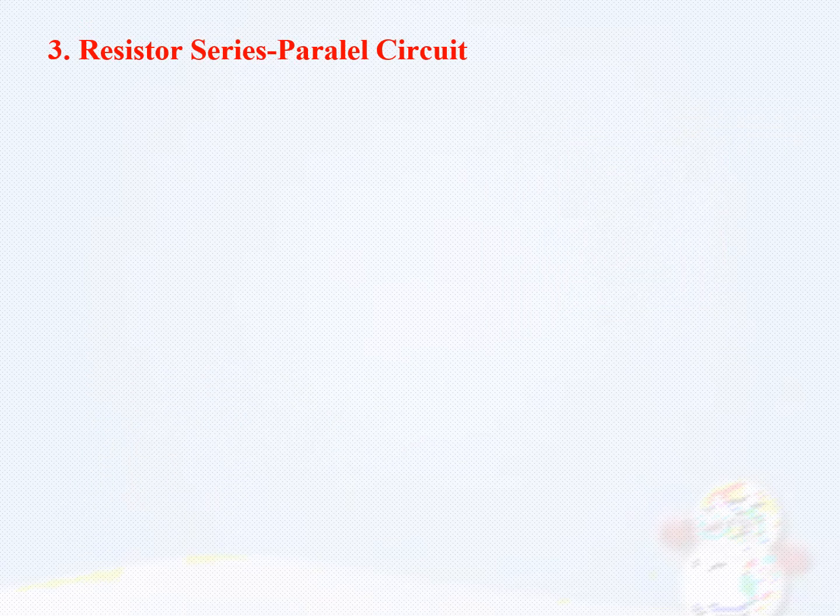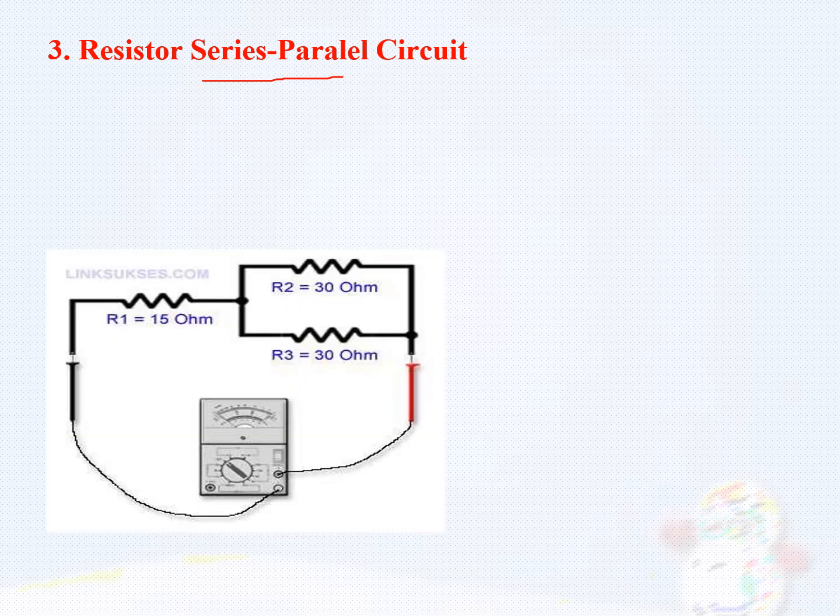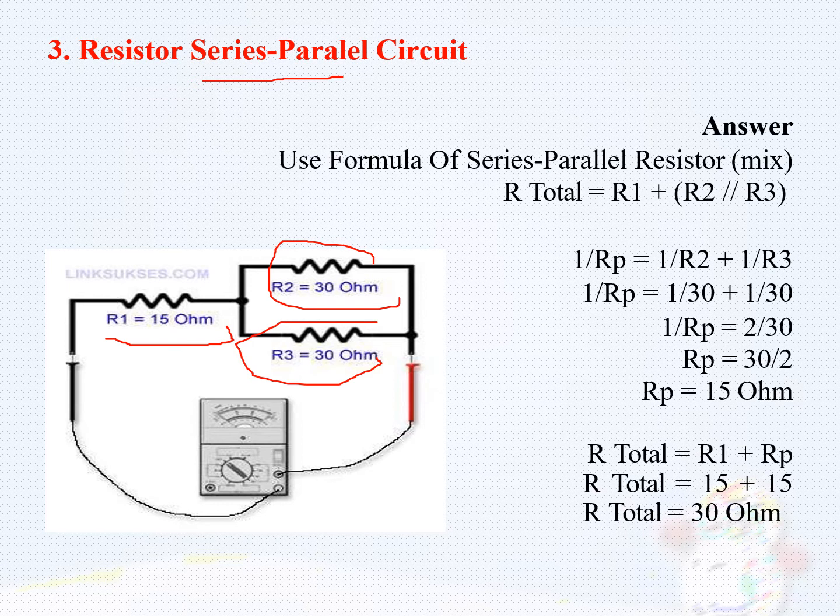Now similarly we will consider a combination of both circuits, series as well as parallel. I have considered here that R2 and R3 are both connected in parallel, and the combination is connected in series with R1. So we will analyze both. The total resistance is R1 in series with the combination of R2 and R3.